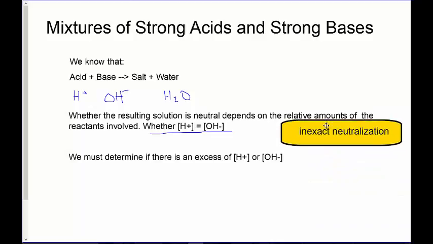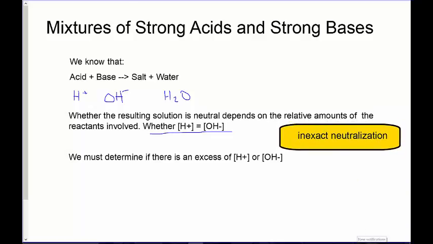And in an inexact neutralization, either the H+ is in excess or the hydroxide ion is in excess. We need to determine which one's in excess, by how much, and then that will determine whether or not the resulting solution is basic or acidic. And we can calculate the exact pH by determining the excess concentration of the ion that's in excess. Let's go ahead and do an example of this.